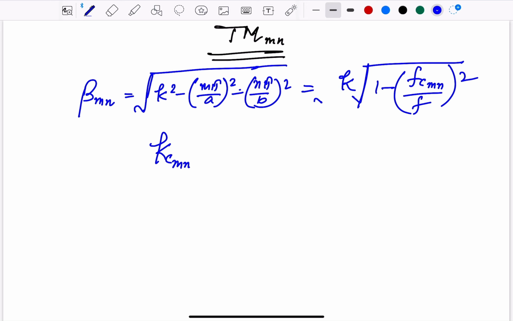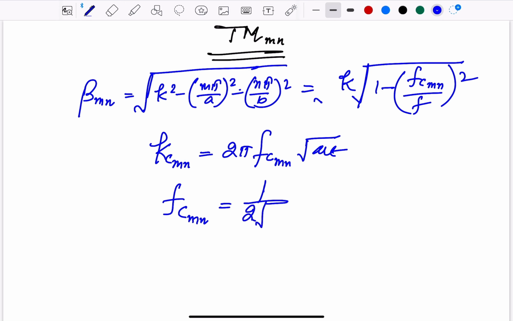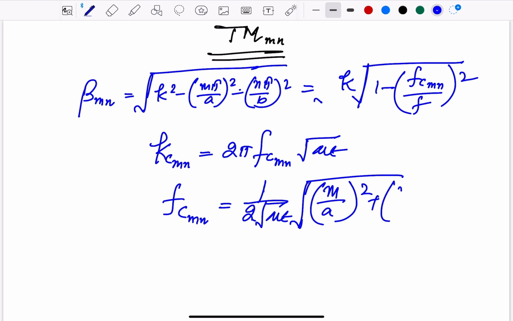Kc mn we may write like this: 2 pi fc mn under root mu epsilon, and the cutoff frequency formula is once again the same, which is 1 upon 2 under root mu epsilon times under root (m pi by a) whole square plus (n by b) whole square.